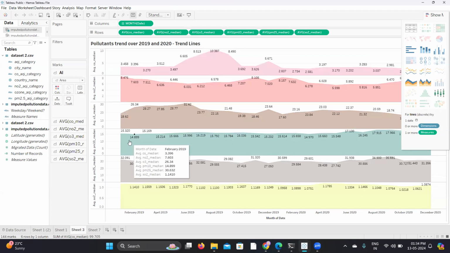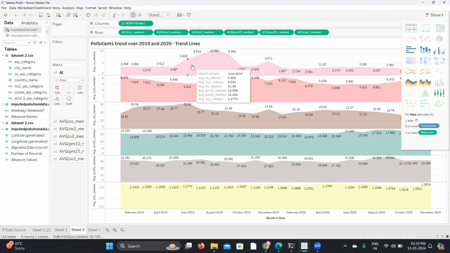Next, we have a cluster plot, which shows the trend over the years 2019 and 2020. The x-axis represents the months, and on the y-axis we have all the elements which affect the pollution.